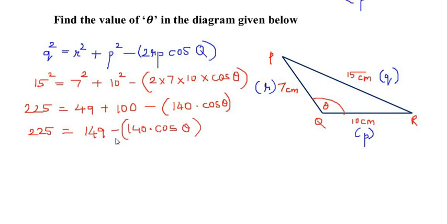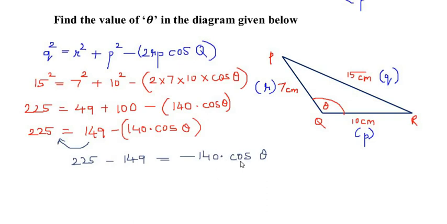So now in further simplification we are going to take the 149 on this side, so it becomes 225 minus 149 equals minus 140 times cos theta.